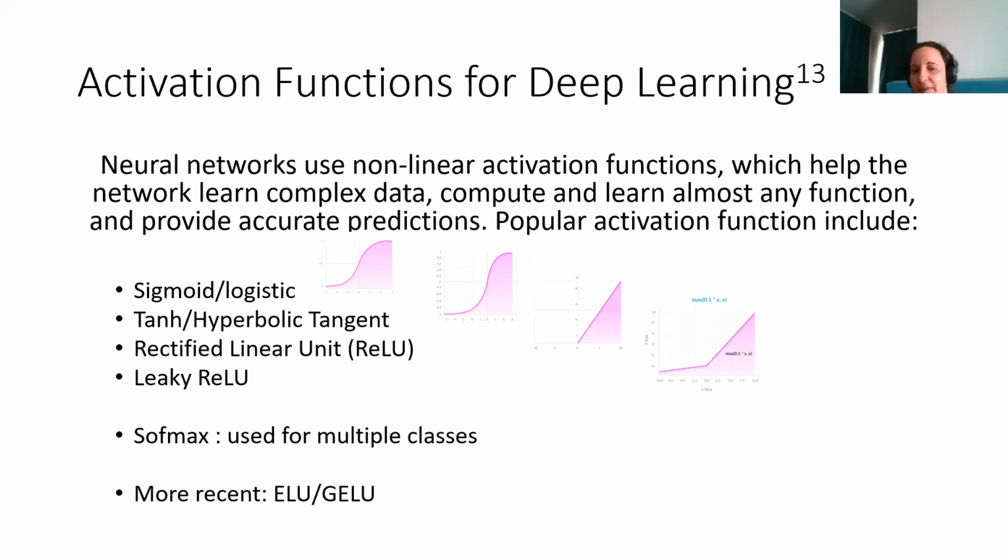And apart from these, there are some that, if somebody is interested, we can look at in the literature. Recently, you'll see ELU and GELU. ELU is exponential linear unit, GELU is Gaussian error linear unit, which claim and show in different cases a better performance.